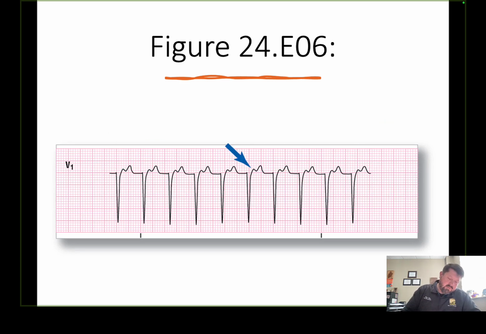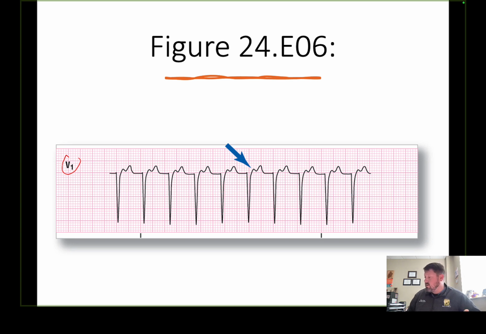Now this is in a different lead. This is in lead V1, so this is why you have this pseudo R wave right here. But looking at my rate again, it's about 140 because, using my calipers, I need extra QRS complexes on the 6-second strip. But it's a rate of 140, it is regular.